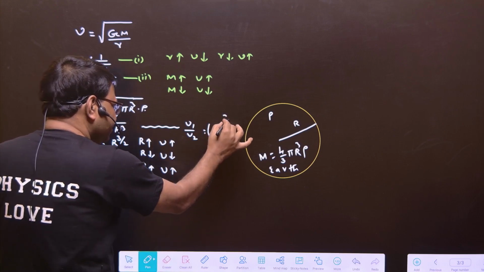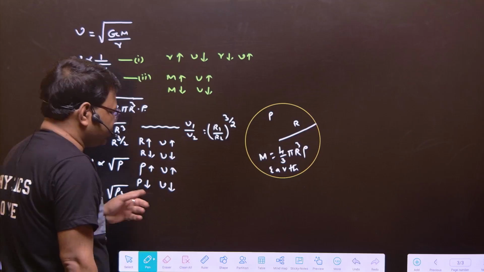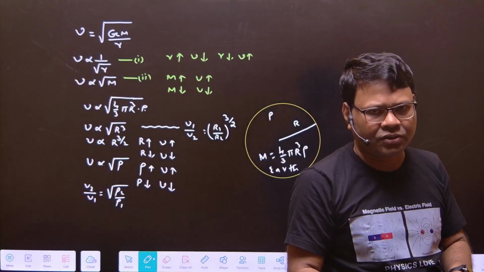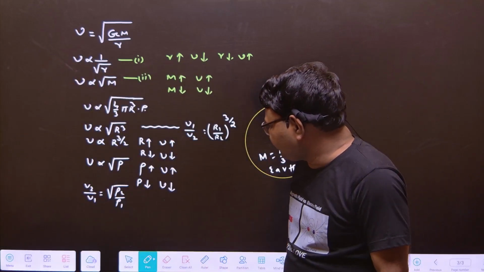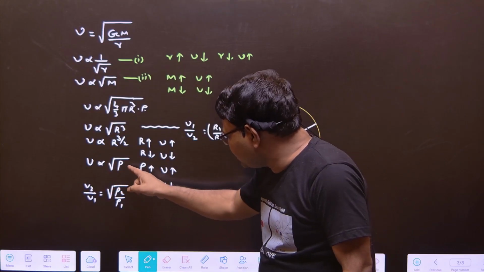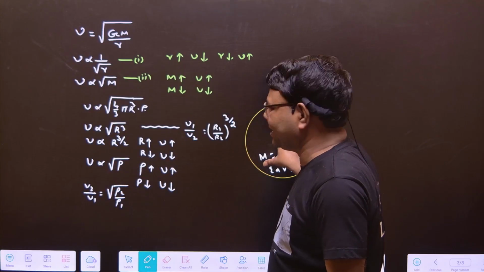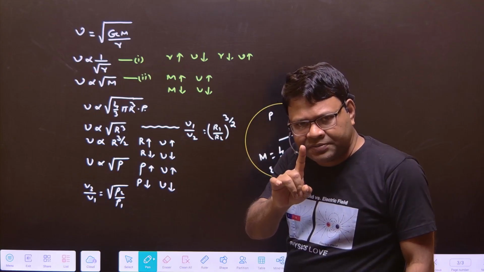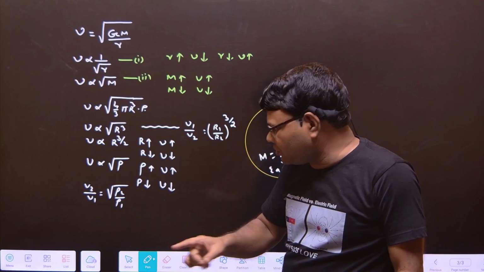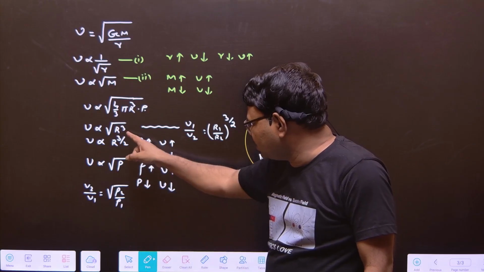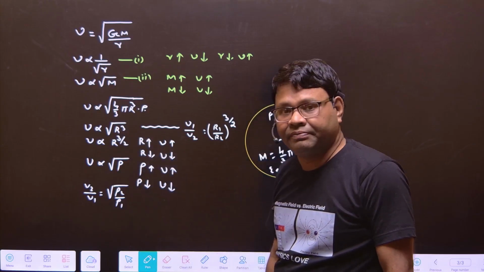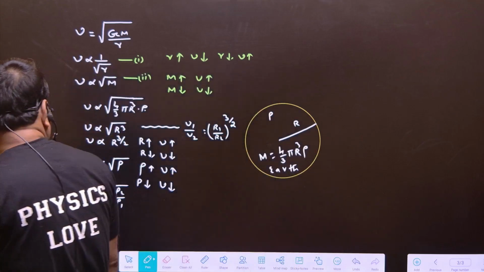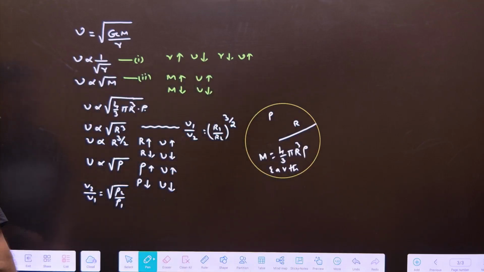So from this relation we see the orbital speed depends on the density of the planet, and on the radius of the planet. Am I clear? Okay.